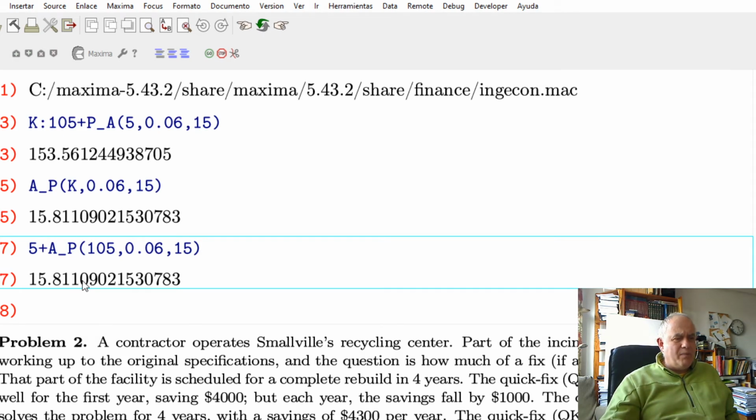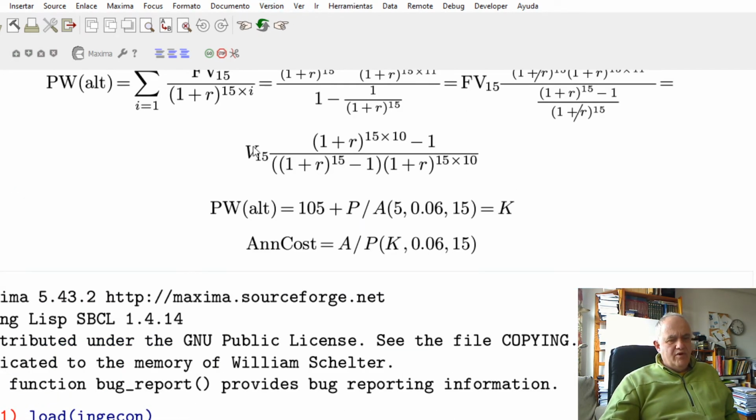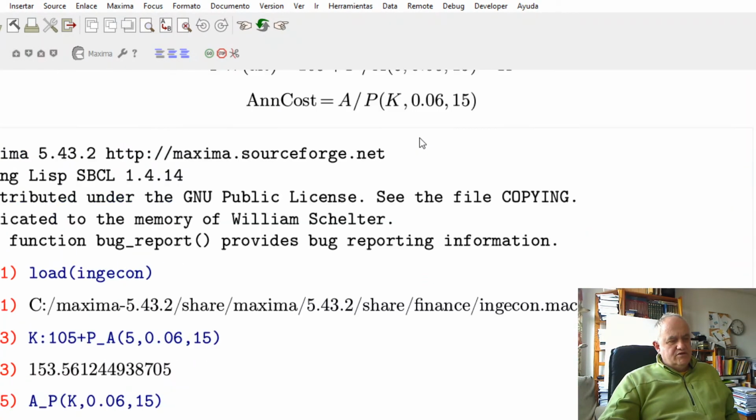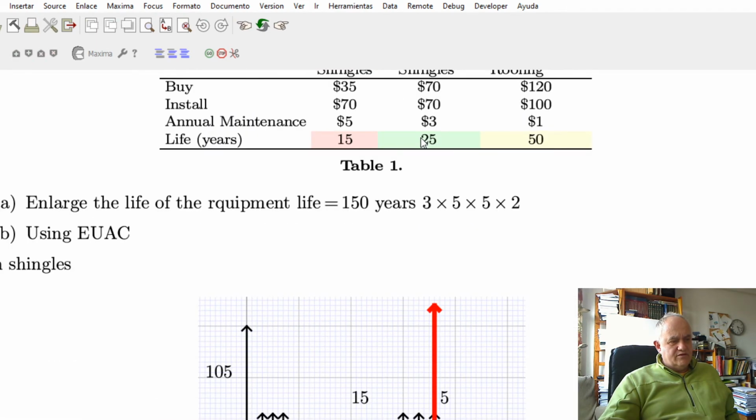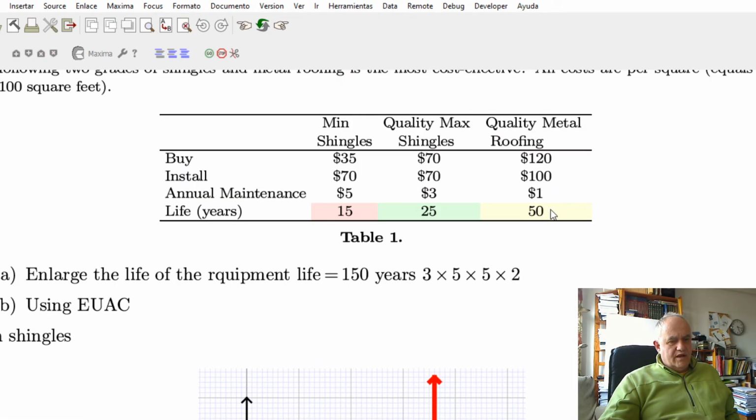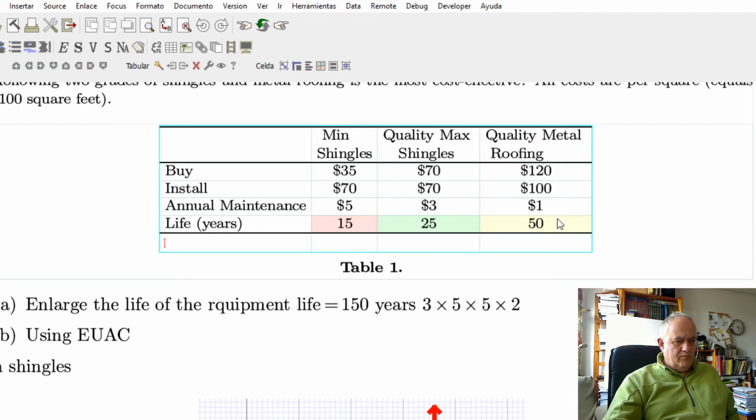We don't need to play this game with the simulation of the 100 years. So now the problem is easier to handle. We can come here, annual cost, and the annual cost is 15.8.